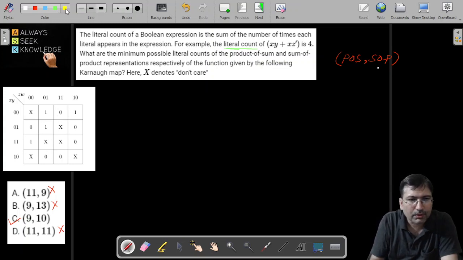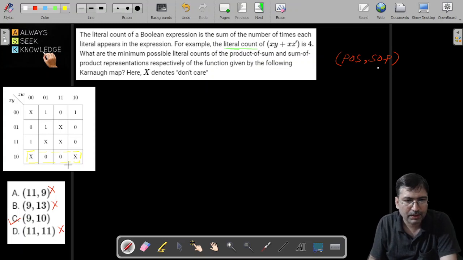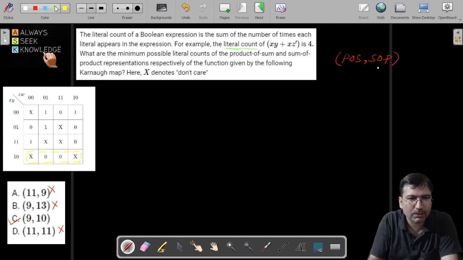So if we are going to get the groups of zeros, this is one clearly visible grouping we can establish of these 4 cells, right? Similarly, if we want to group these 4 places, we can do. So this is another group which we can form.